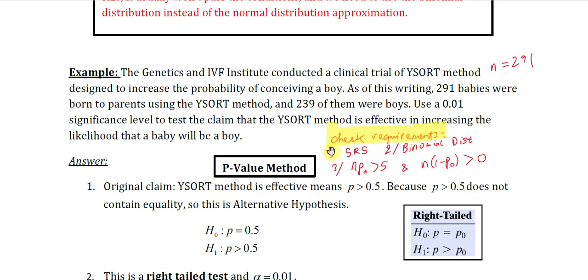And then now we know that the proportion that we get the boy is p0, and that proportion is 291 babies. This is n, this is total n, so 239 out of 291.